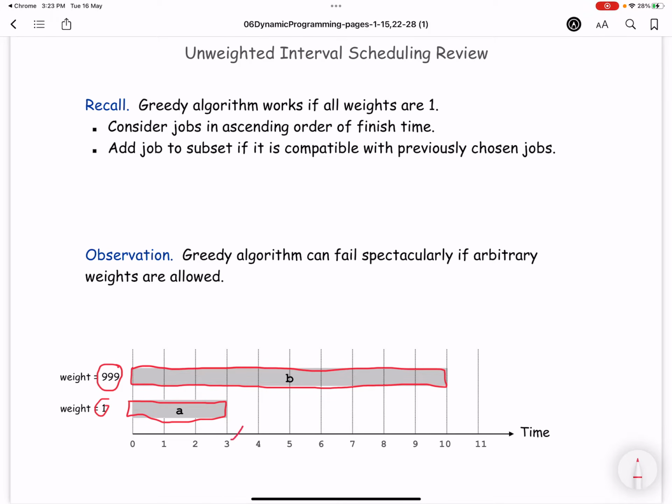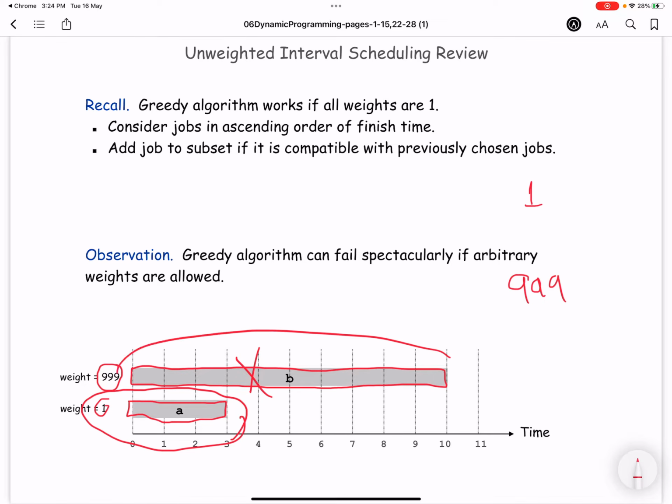So the greedy will select this job first and then delete all the conflicting jobs, but then I get a value of 1, which is very bad, because the optimal is to select the other interval and get a very high value. So greedy is not a good technique for weighted interval scheduling. It's a very good technique for interval scheduling when we don't have weights, but not for the weighted version.